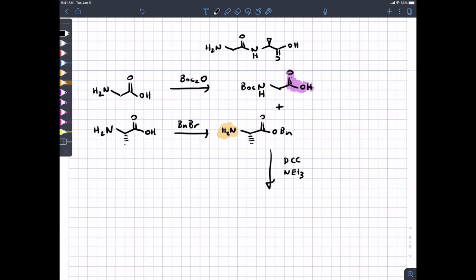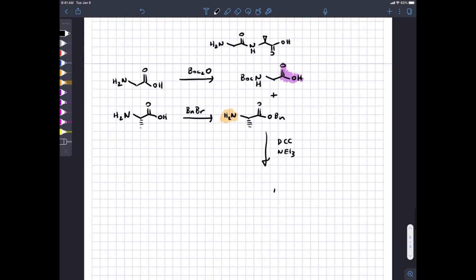Now we only have one carboxylic acid and we only have one amino group. So the only thing that can happen is formation of the amide bond between the amino group of alanine and the carboxylic acid group of glycine.